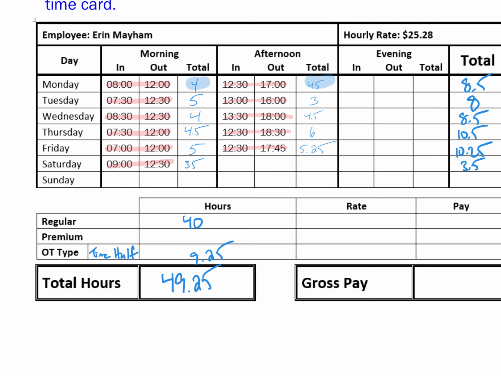And now, after that, we're going to figure out the regular pay, the overtime pay, and of course, then the gross pay. So, Erin's paid $25.28 an hour. So that is the regular rate. $25.28. What's 40 times 25.28?